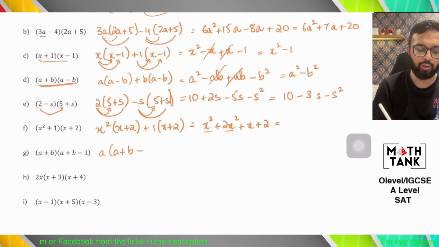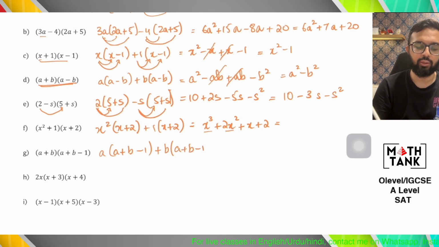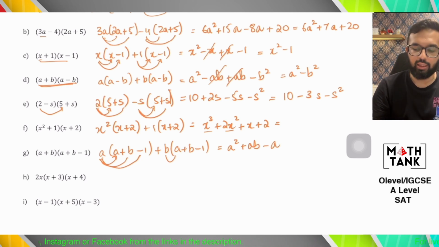Now I could have a product of 3 terms as well, which is absolutely fine. It's going to work in the same way. A square, okay, then ab minus a. Then I could write ba or I could write ab again.